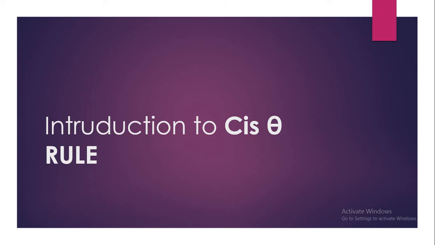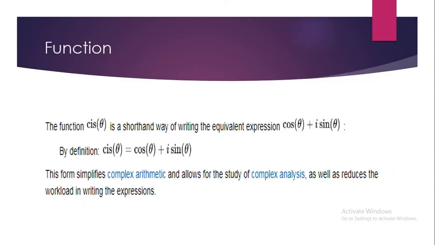So cis is a combination of two functions. The function of cis theta is a shorthand way of writing the equivalent expression cos theta plus i times sine theta. So these are the functions that I was telling you about.